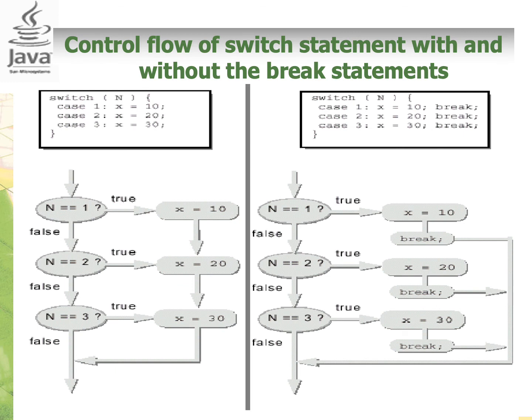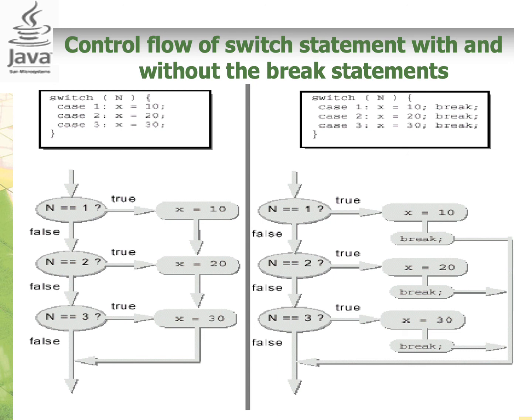This slide shows the control flow of the switch statement when we have break and also when there is no break statement. On the left side, we have switch (n), case 1, and the statement is x = 10. Case 2, x = 20. And case 3, x = 30. So since we don't have breaks, say that the value of n is 2, it checks the first case, n equal to 1, it is false.